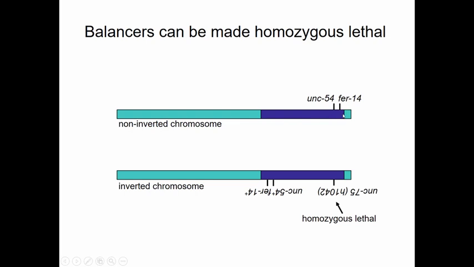The purple that I've got here is just showing where the inversion would be, what we call covered by the inversion. But any recombination between this top chromosome and the bottom one within that purple region, those recombinants will be dead. That allows us to keep UNC54 and FIR14 together.